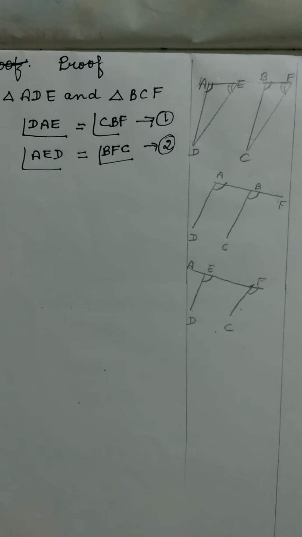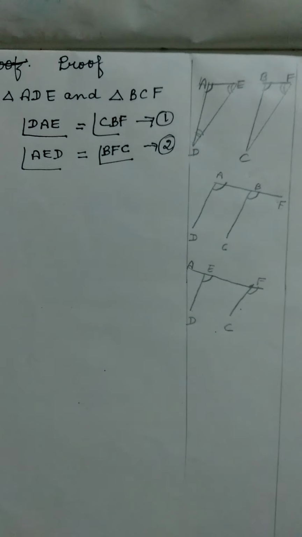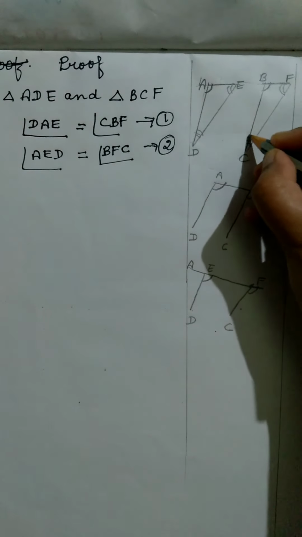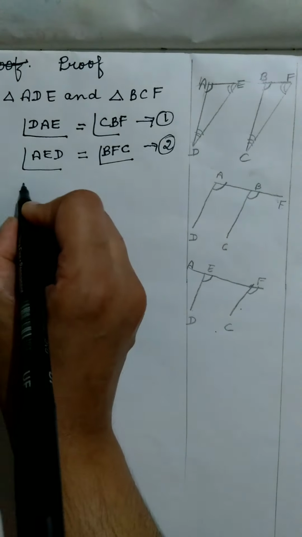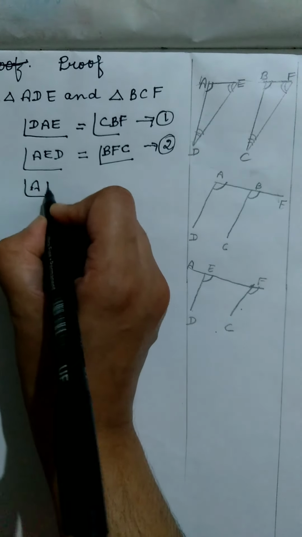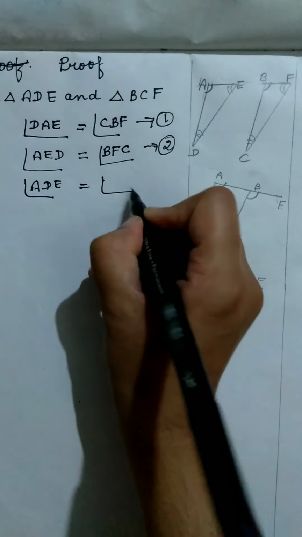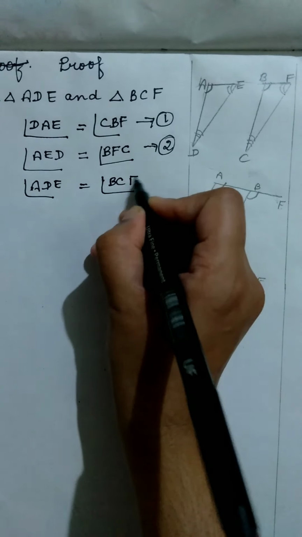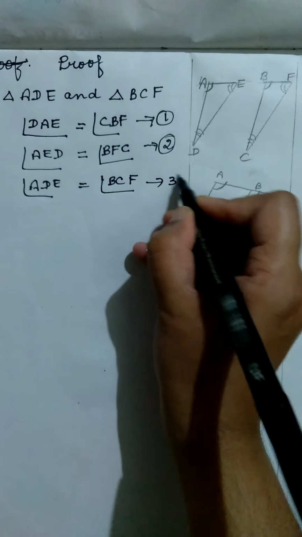This is the angle sum property of a triangle, and hence angle D will be equal to angle C, and therefore it can be written as angle ADE is equal to angle BCF. Consider this as equation 3.